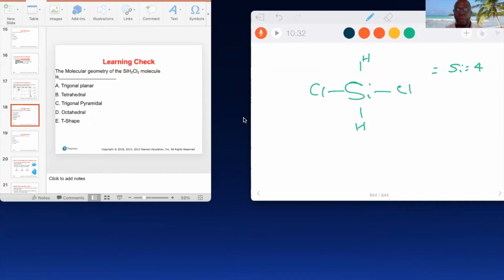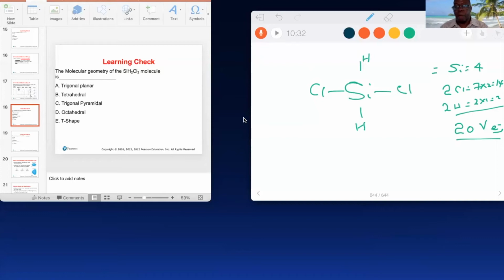It asks for valence electrons, and then what we need to do is add for what? 2 chlorines, which is 7 times 2 equals 14, and 2 hydrogens, 2 times 1 equals 2. So we have 20 valence electrons.